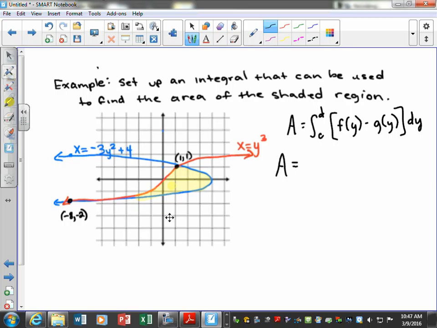Let's look at our y values to see that they will be from -2 to 1. So looking at the y value, you can see right here I have this ordered pair labeled. The y value is -2. Okay, it's hard to see that highlighted right there because my sketch isn't the greatest.